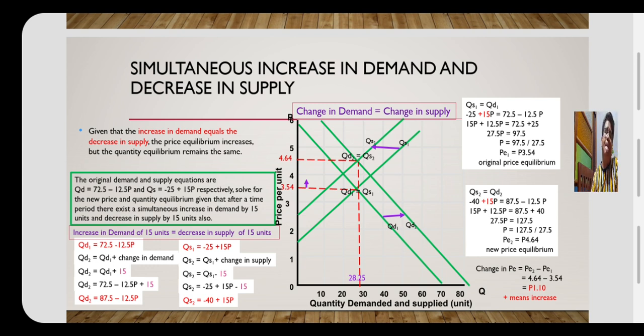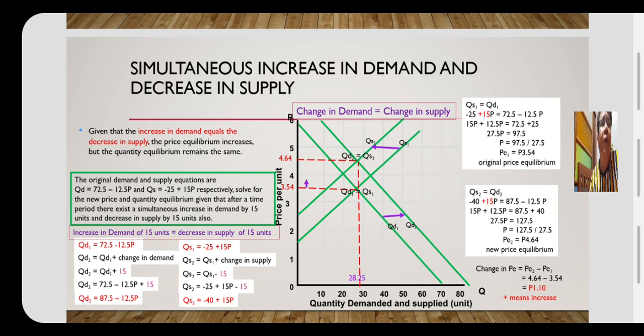And such values of price equilibrium can be observed from the equilibrium point. The equilibrium point is the point of intersection between the original demand and supply curves.